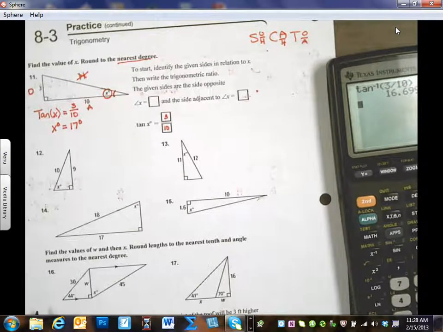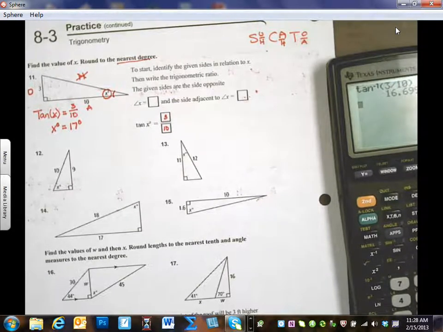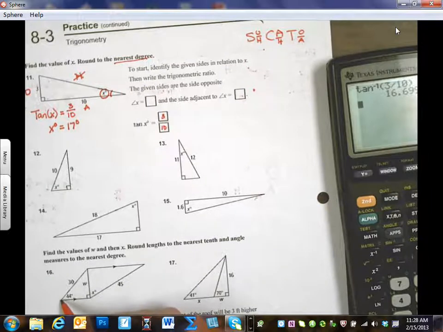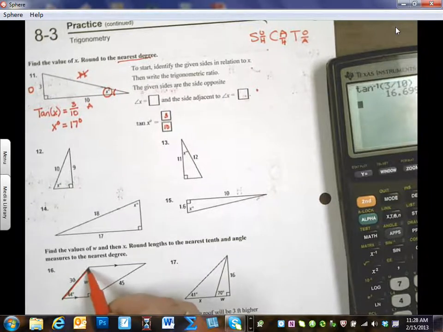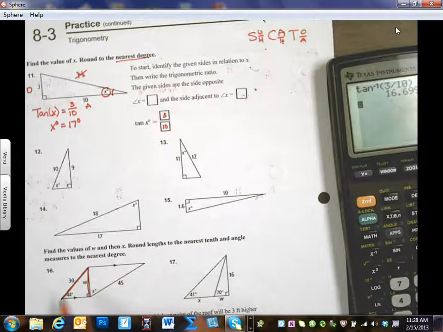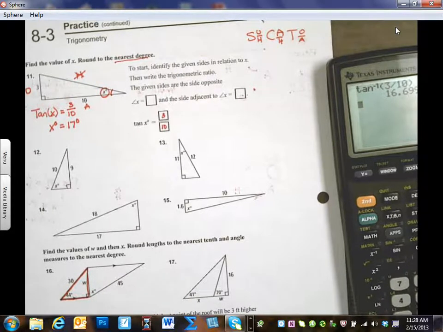Now, in number 16 and 17, before you do anything, please find one triangle at a time. I'm going to put a box around the triangle that you should find first. In number 16, this triangle is the one you want to work with first.